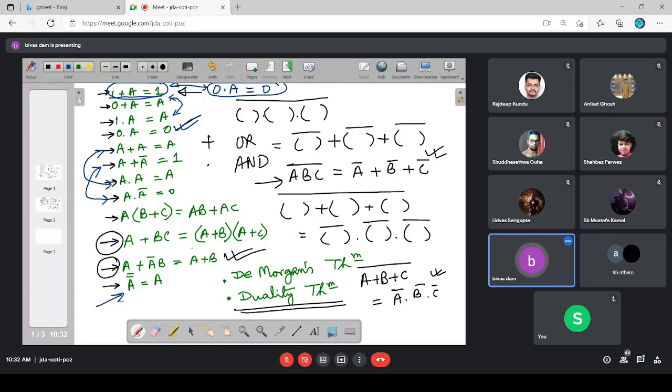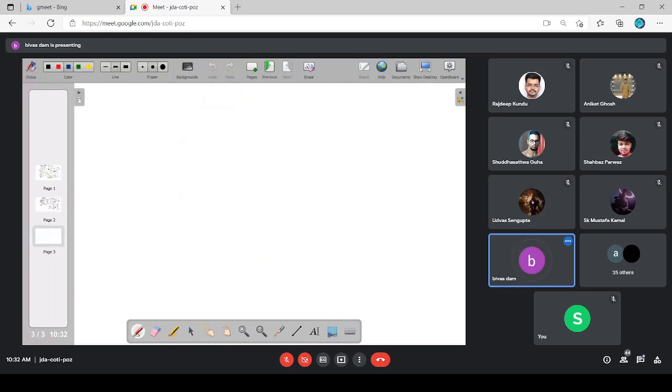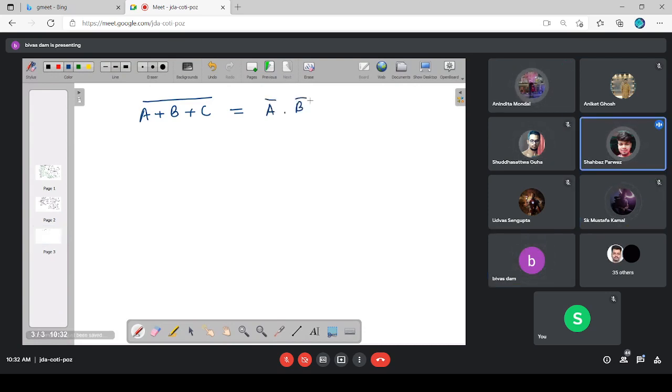Now let me go to De Morgan's theorem. A plus B plus C bar is equal to what? A bar dot B bar dot C bar. So if I apply the duality theorem, what will happen?